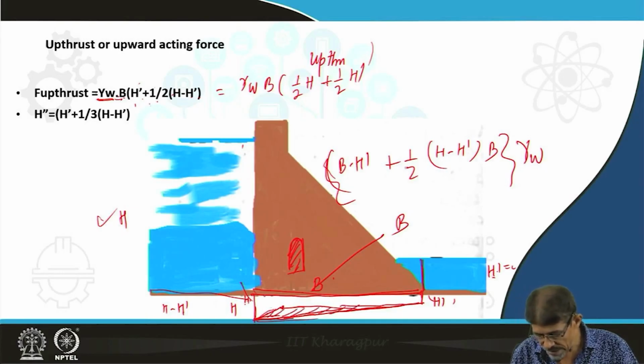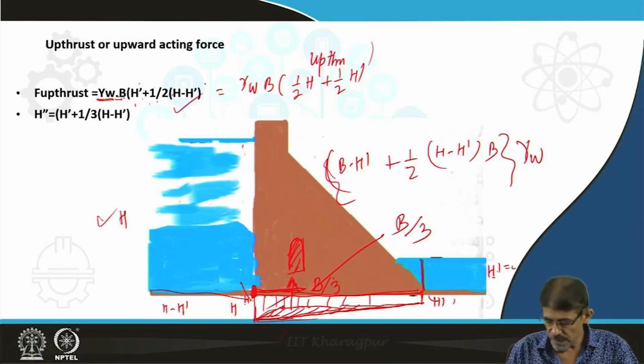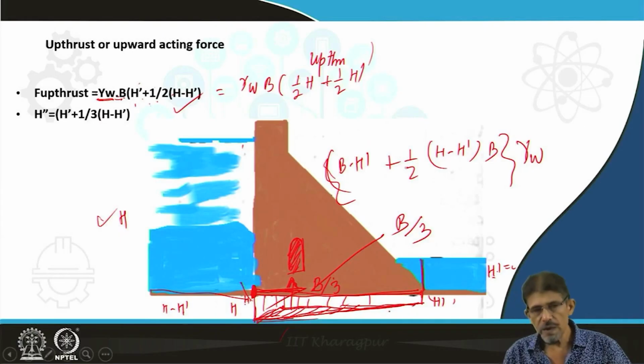So only this level of pressure is going to work up, and this resultant is acting at B by 3 from this heel point. So that is where the resultant acts in the case of upthrust. Therefore, we create a gallery to reduce the pressure build-up due to seepage of water inside this dam.